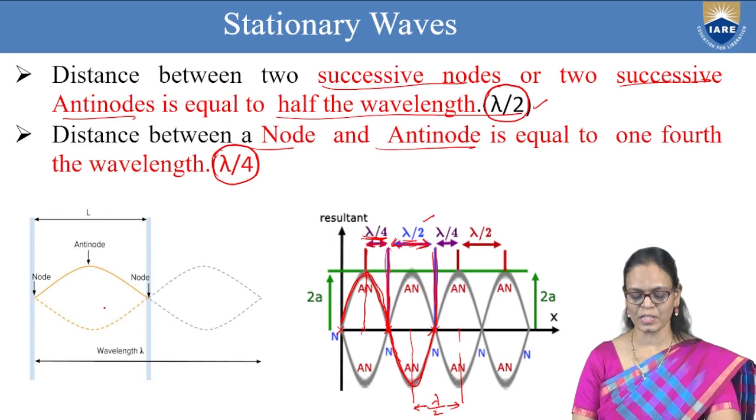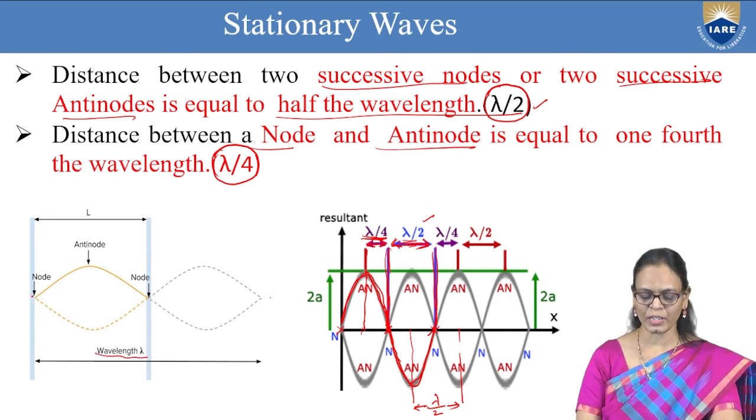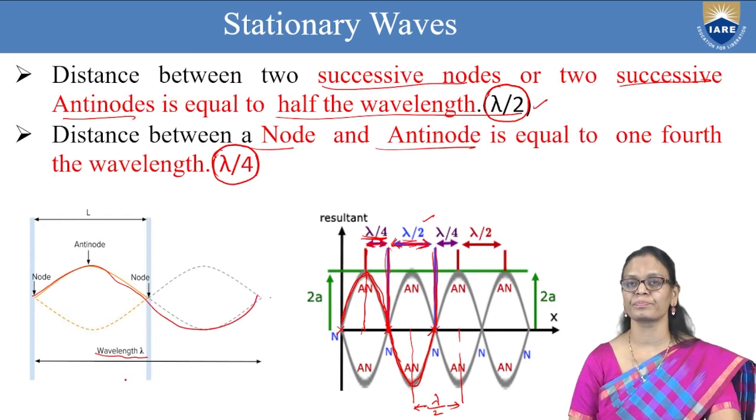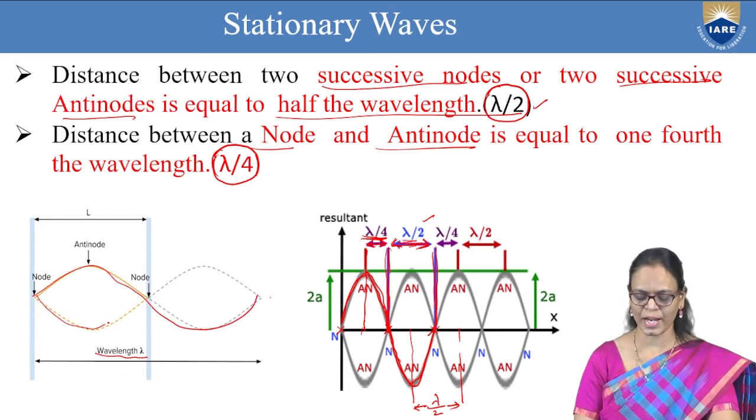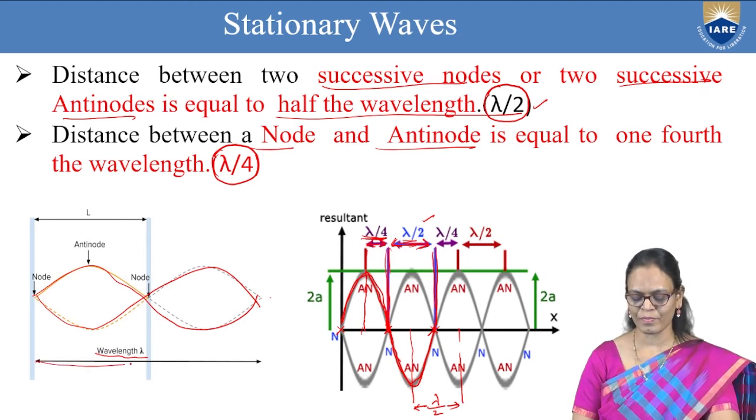So you see here, this is the node and node. So for the complete wave, we are writing wavelength lambda. If I am taking this as the complete wave, and for a standing wave, you have in the other direction. This is the complete wave whose wavelength is given by lambda.